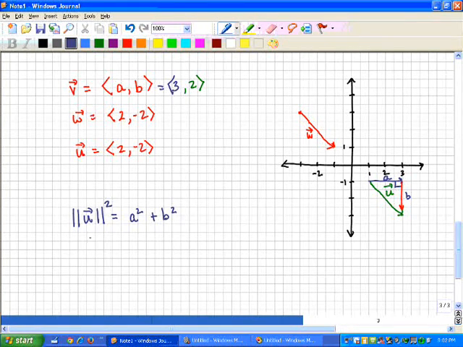If we take the square root of both sides of this equation, we'll get the magnitude of the vector U is equal to the square root of the horizontal component squared plus the vertical component squared.